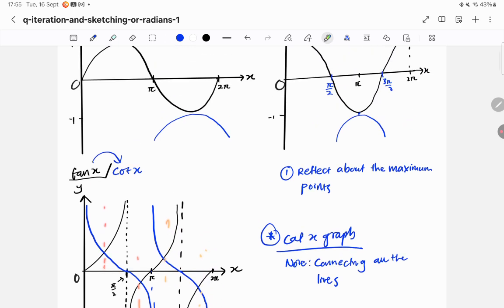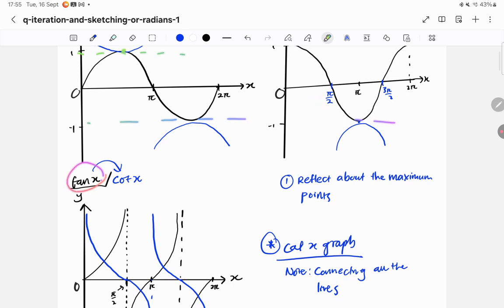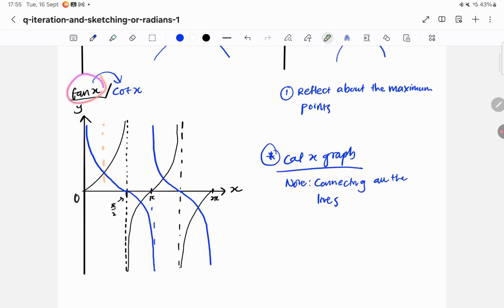If you remember, for sine x and cos x, we're drawing a mirror on each peak. However, for tangent graphs, we're drawing a line in the middle of each tail.